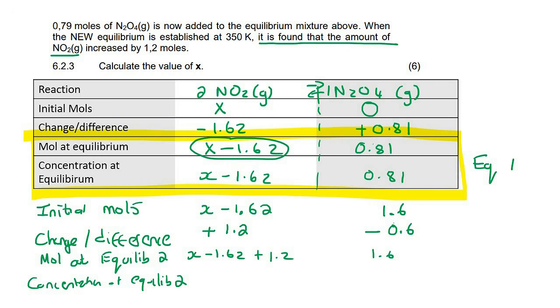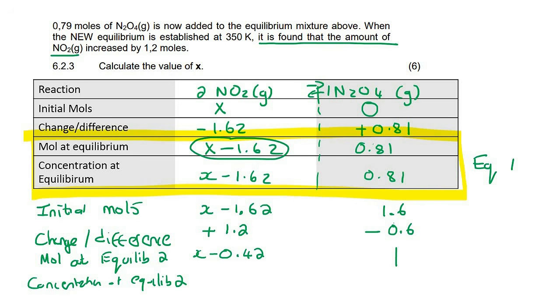This one will be 1.6 plus minus 0.6. So this one is just going to end up giving us a value of 1. Okay, so that'll just be a 1. And then this one will end up being x minus 0.42.